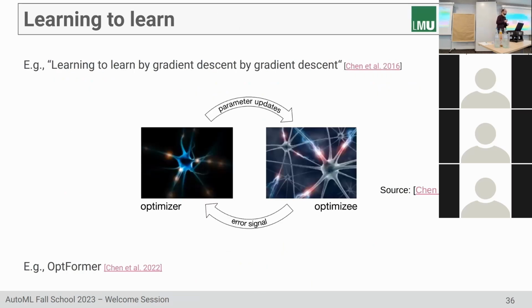Somewhat similar to meta-learning, and also sometimes falling into the realm of meta-learning, is a field called learning to learn, where our goal is to actually learn the learning process itself. One prominent paper there was learning to learn by gradient descent, where people actually learn the gradient descent update rule by gradient descent.